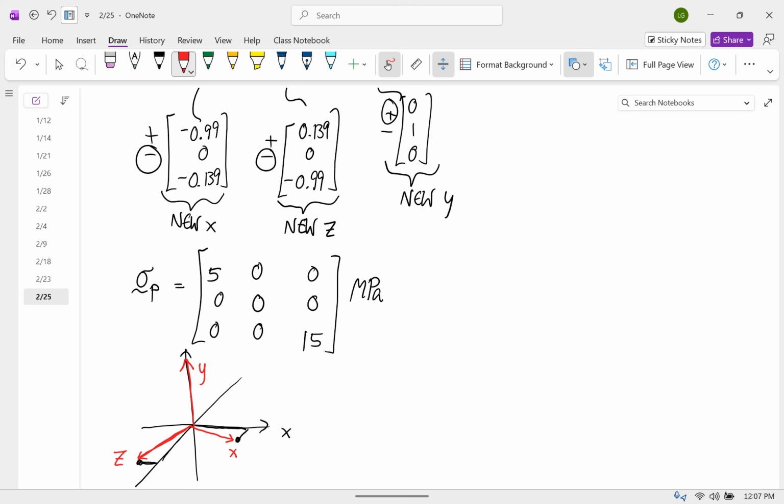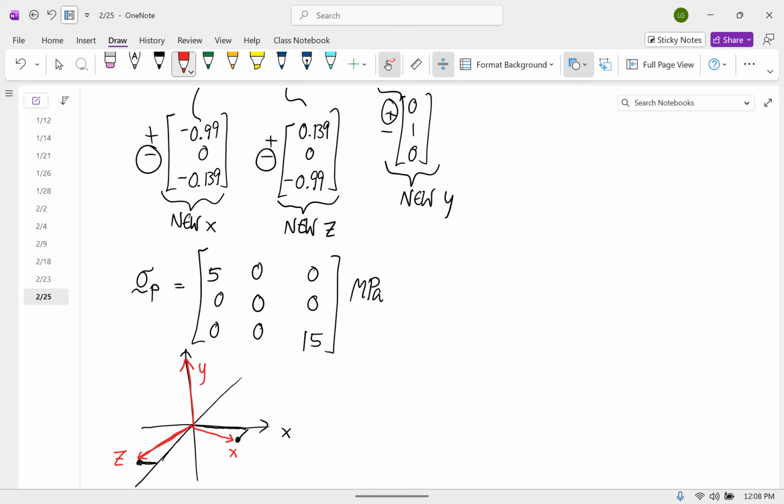I don't care at all how good you are at drawing three-dimensional coordinate axes. I really just want you to remember what these eigenvectors represent. Well, you can see that these two axes are related by a rotation about the y-axis. You can see that because the y-axis stays the same. So what if you wanted to know how big that rotation was?